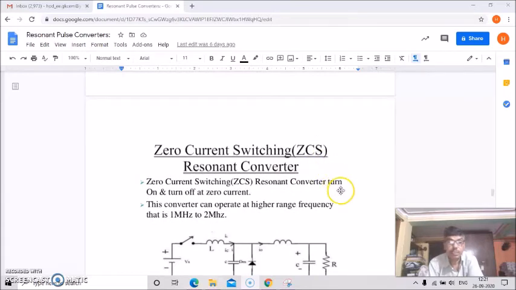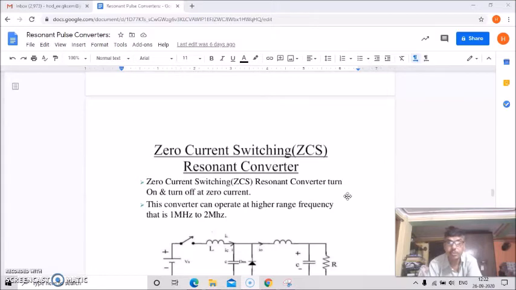Another one is zero current switching resonant converters. Basically, a zero current switching resonant converter turns on and turns off at zero current, just like the zero voltage switching resonant converters turn on and turn off at zero voltage.